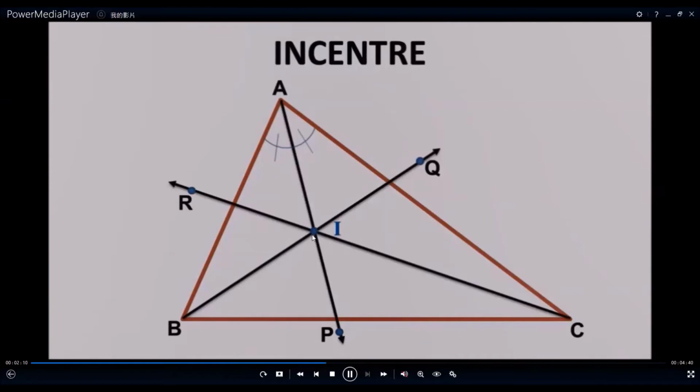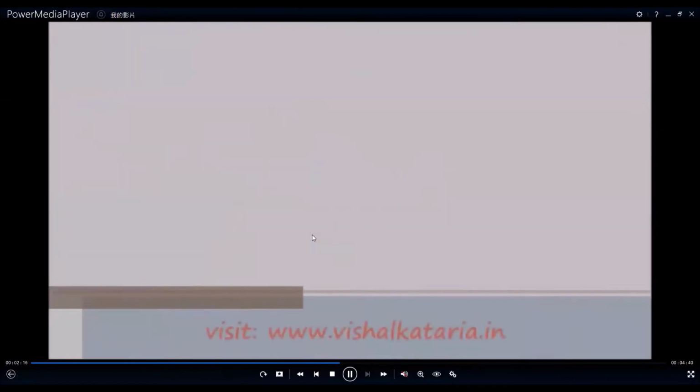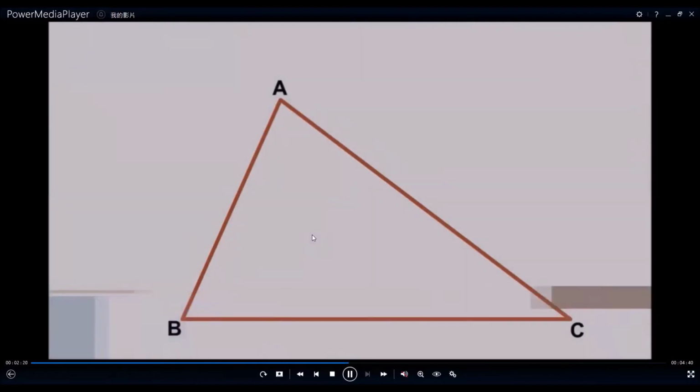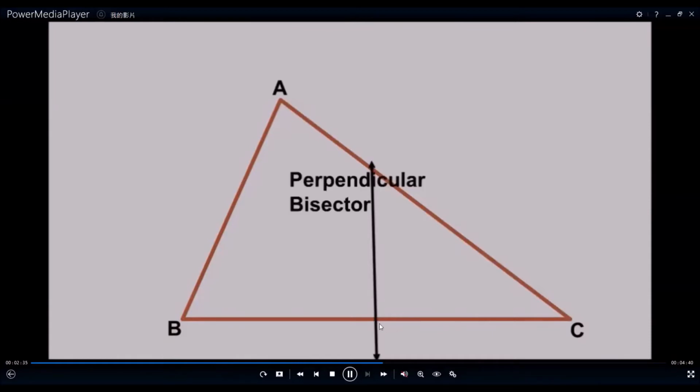We have learned median and angle bisector. Here we go to the third one, which is perpendicular bisector. You see the line BC? This black line is perpendicular to BC, and this point is the midpoint.